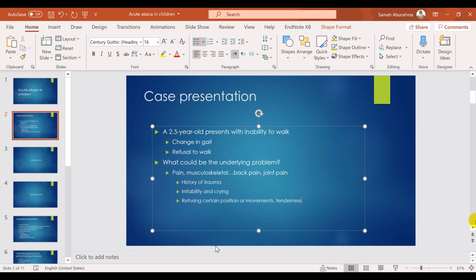Other than pain, what else can be the cause of this? Let's talk about ataxia, right? It could be ataxia. Maybe he has ataxia. What is suggestive of ataxia in the history? Maybe he has a prior respiratory infection or GI infection.